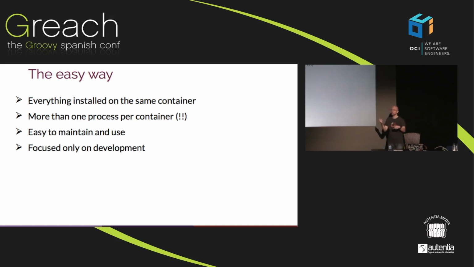If you know about Docker, it's one container, one process. But I don't care. This is for development, and it's good, and I'm going to explain why it's good. So this approach is very simple, very easy to maintain, but it's only for development. We cannot put that on production, or we shouldn't, because it's for development.